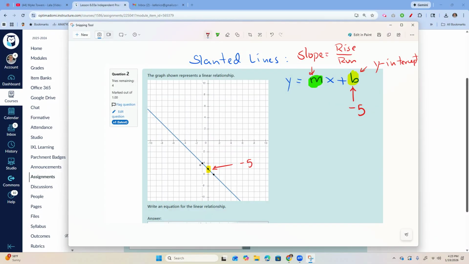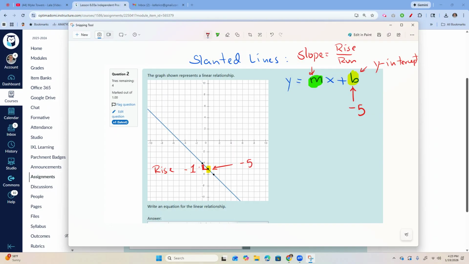So I'm going to take the leftmost point and make an L with the next point to the right. I'm going to pick these 2 points, and you can see here I made the L. I hope you see the L right there. Now I'm going to find the rise. From up here, I went down 1. That's my rise.